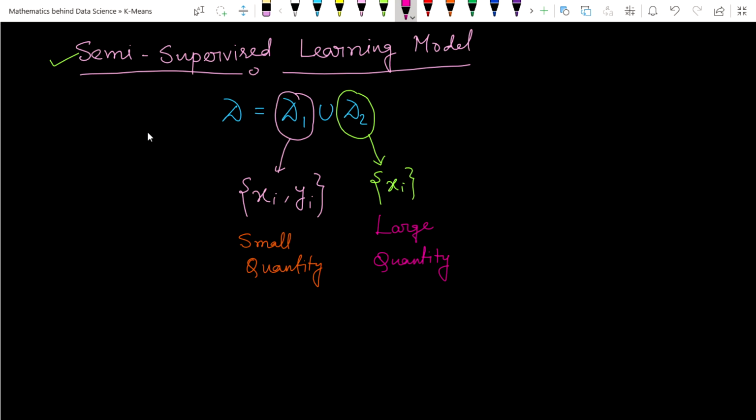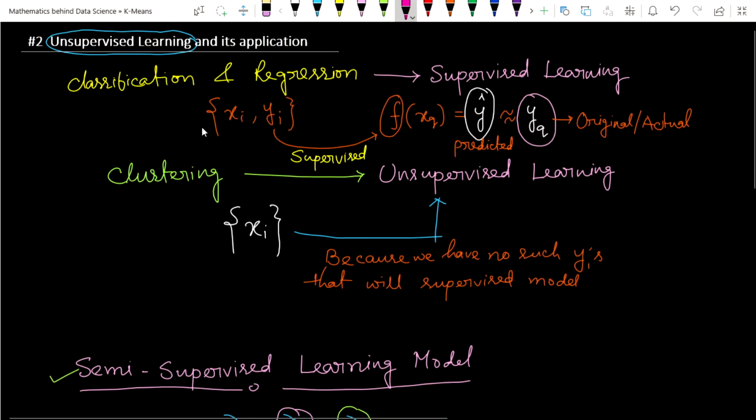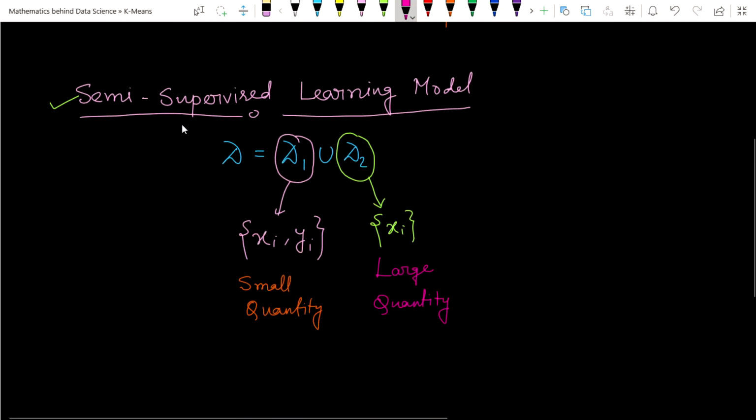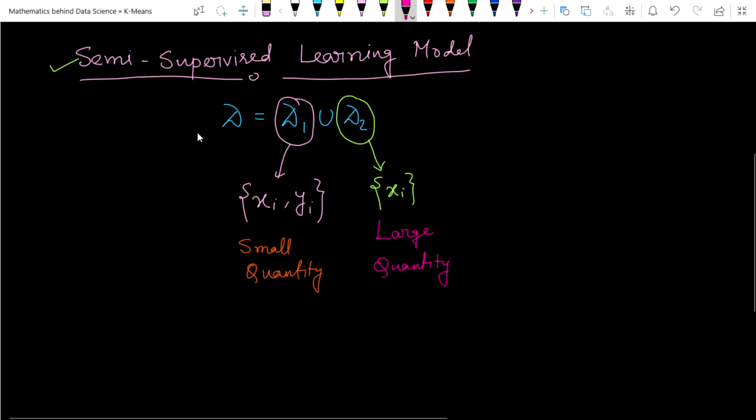But in this series, we will discuss only unsupervised models. Means the data that we have only has independent variables, with no corresponding output. Those things are called semi-supervised learning models, and they are also applicable in the real world.